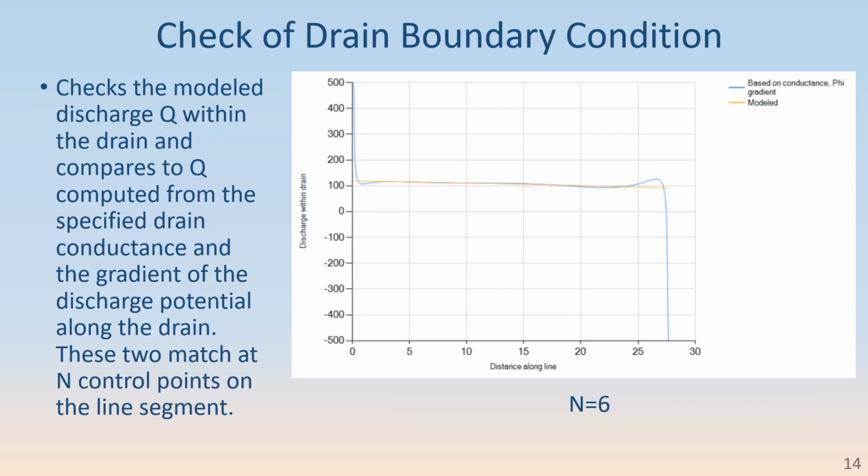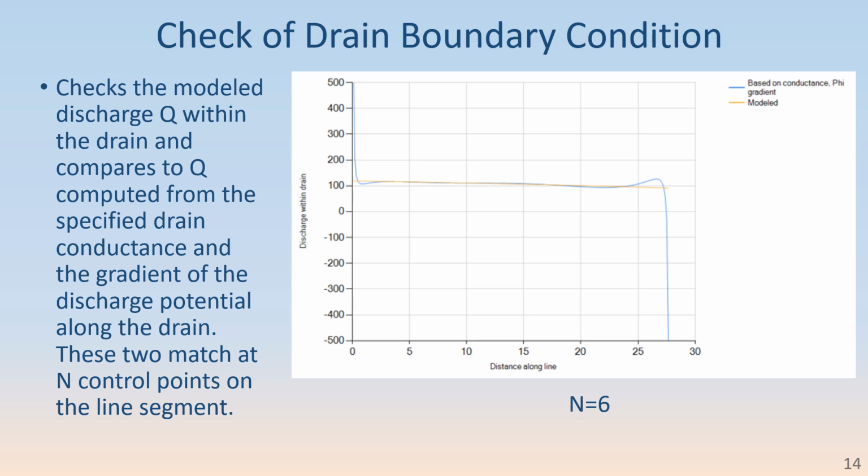This is a check of the drain boundary condition from that model 2 slides ago that had a drain running left to right. And what it's comparing is the modeled discharge within the drain to a fictional discharge that would be computed from the specified drain conductance and the gradient of the discharge potential parallel to the drain.